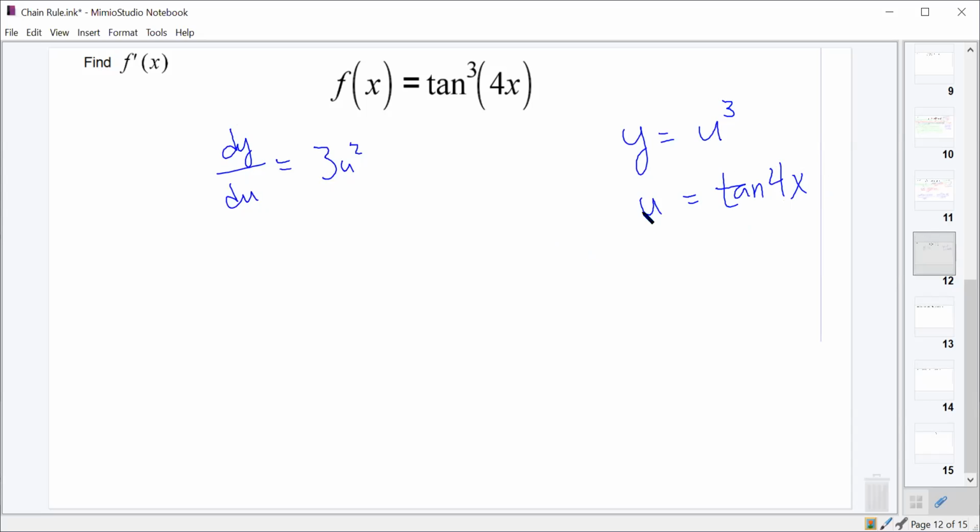And then du dx, well, we're going to have to figure that out. Let's let u equal the tangent of v, with v equal to 4x. And then what would du dx be? It should be du dv times dv dx. It should be the chain rule on the u equals tangent 4x part. Everybody see that?